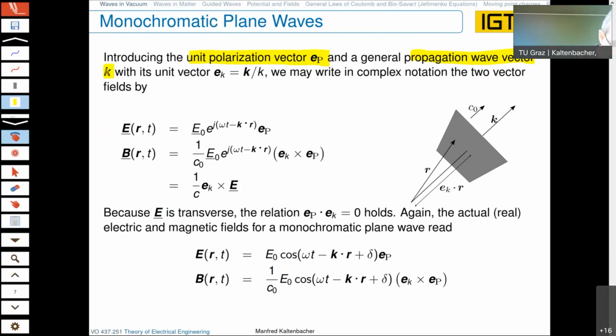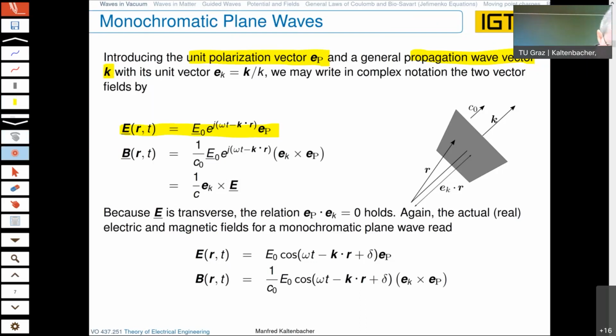And then we express the electric field by this polarization vector. The polarization vector is just the unit vector of the electric field, orthogonal to the propagation vector, which is now described by the wave vector. The absolute value of the wave vector is our wave number. So the direction of the wave is always described by the wave vector, which we call k.